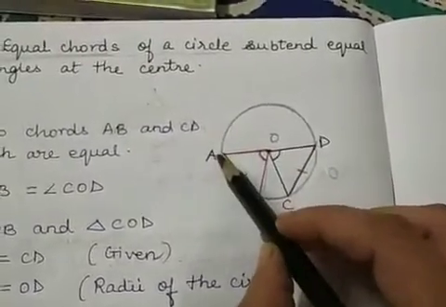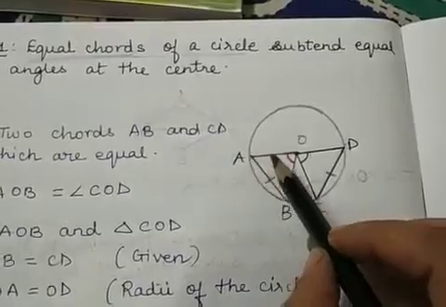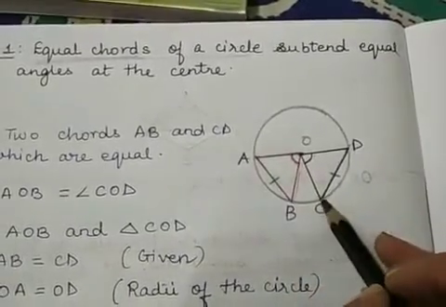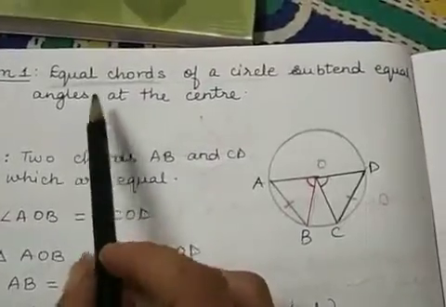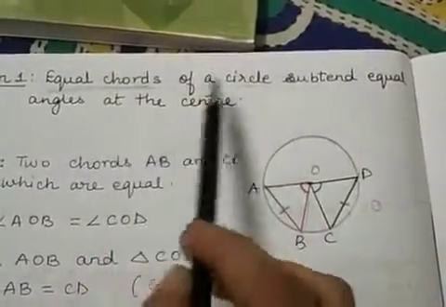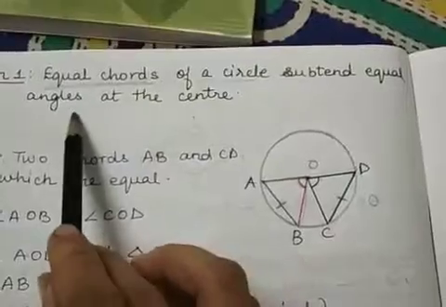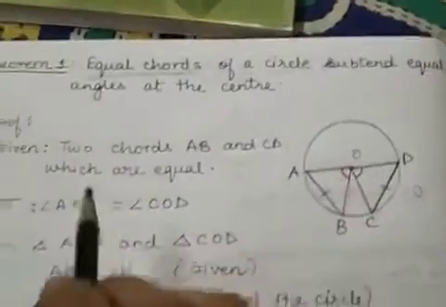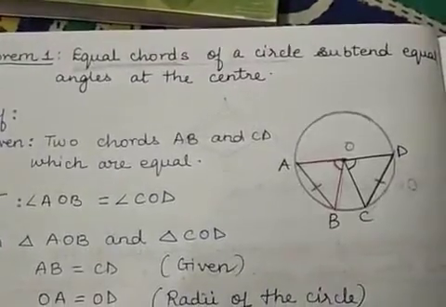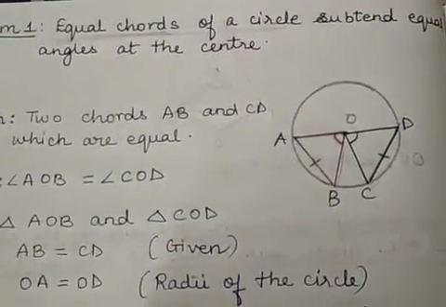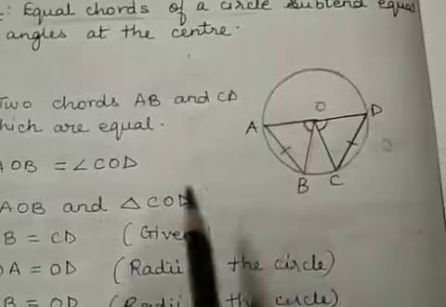So I have to show that angle AOB is equal to angle COD. That is the meaning of showing that angles subtended by equal chords are also equal. Now to prove this, we are going to use the concept of congruence of triangles. So let us see how to do it.